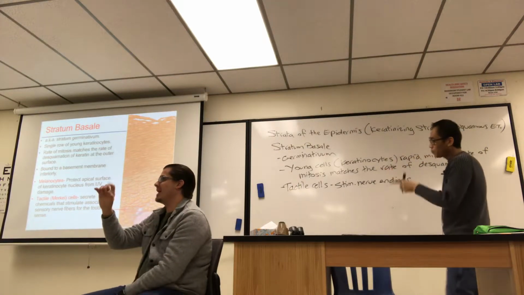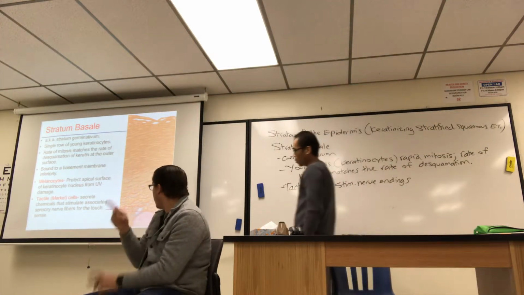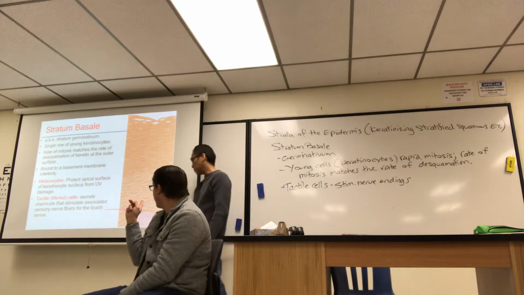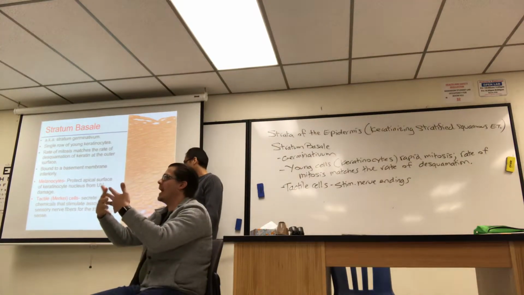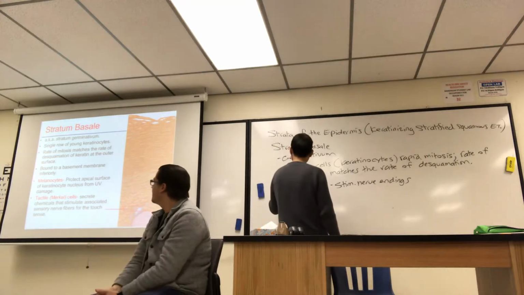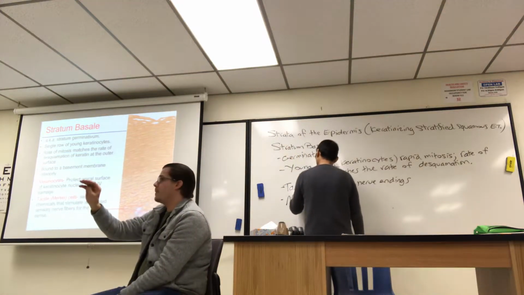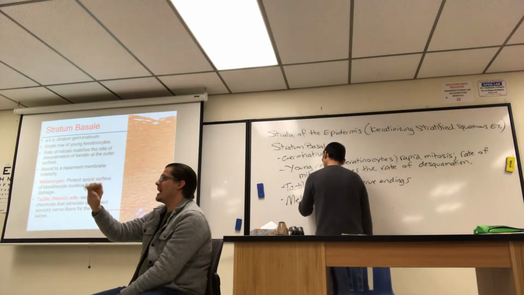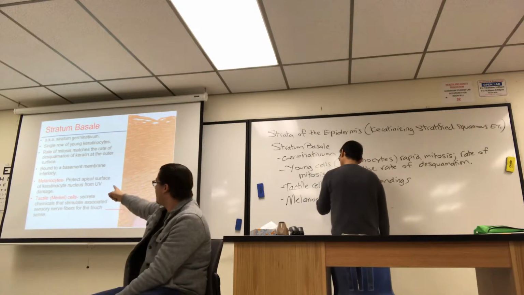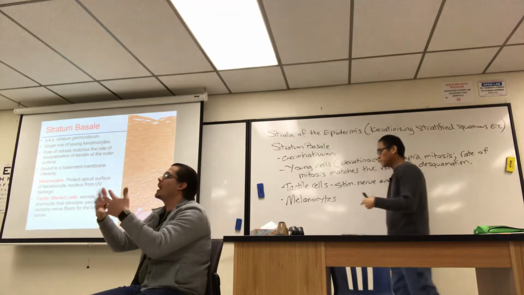The other cell type in this row are the melanocytes. On the illustration it's the gray cell. They have vesicles of melanin.